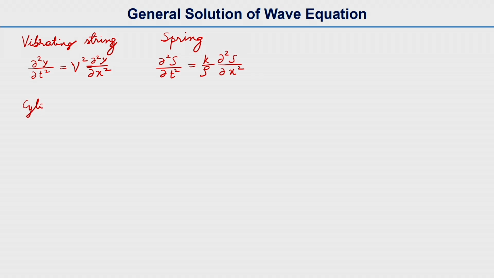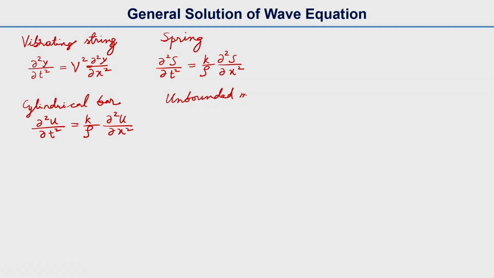For a cylindrical bar hit with a projectile, the second partial of u with respect to t is equal to k over rho times the second partial with respect to x, and there is the longitudinal wave velocity for an infinite body or unbounded medium: the second partial of dilatation with respect to t, where lambda plus twice mu is constant, divided by mass density.